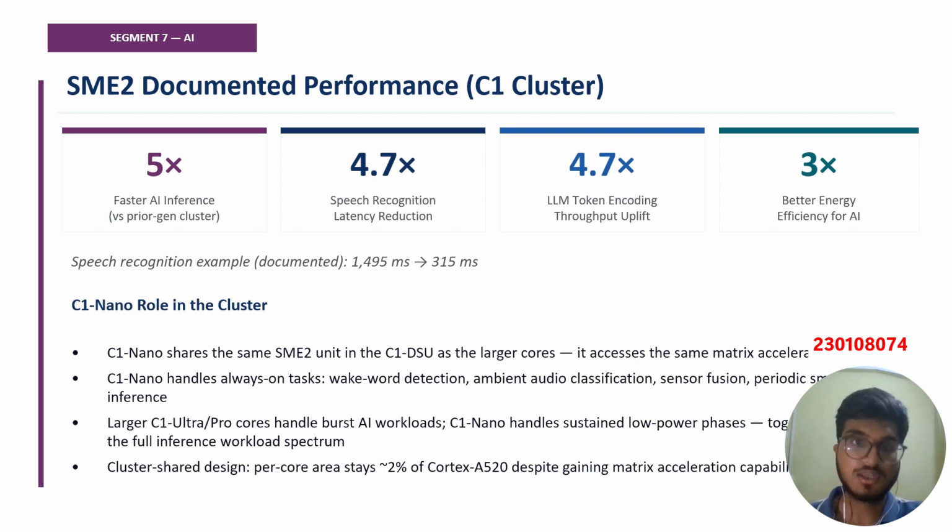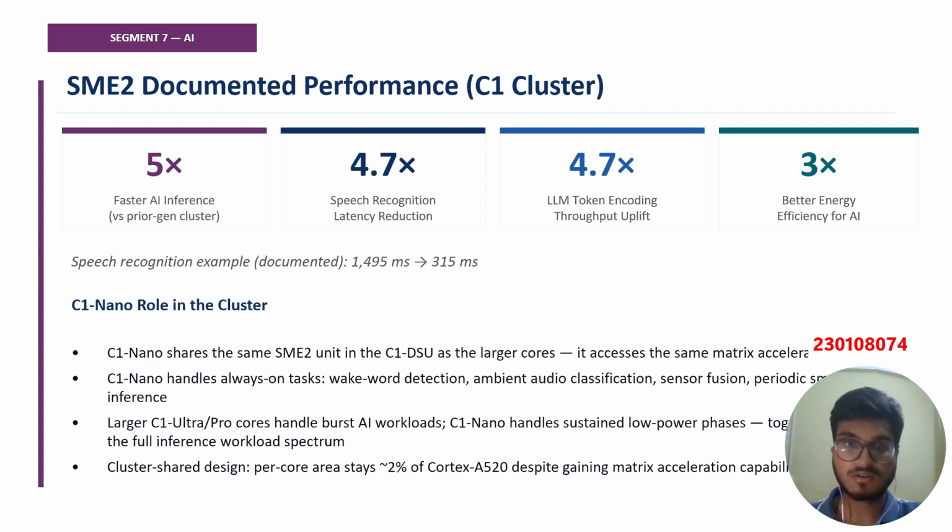Speech recognition. Approximately 4.7 times lower latency. ARM's documented example shows 1495 milliseconds reduced to 315 milliseconds. LLM token encoding. Approximately 4.7 times higher throughput. Up to 3 times better energy efficiency for AI tasks.